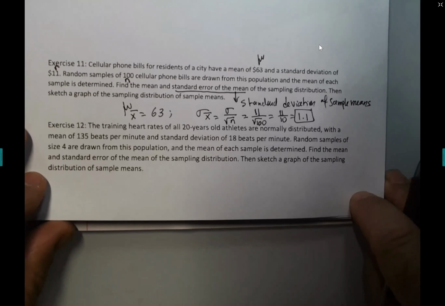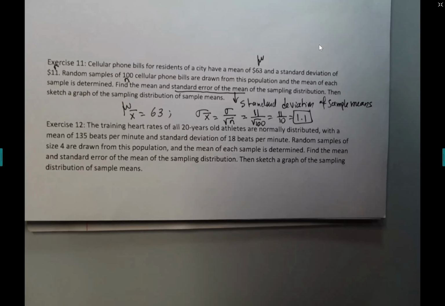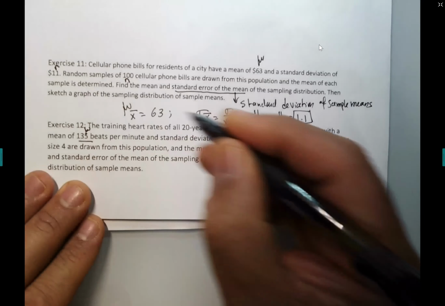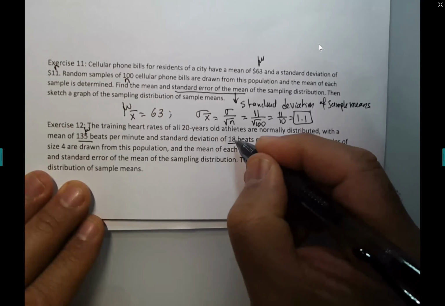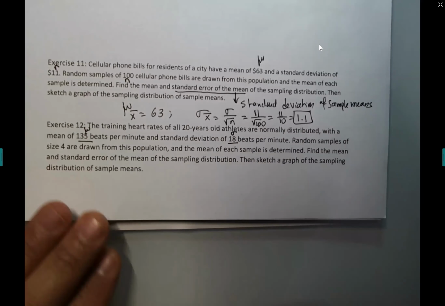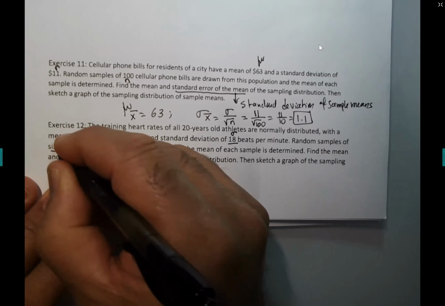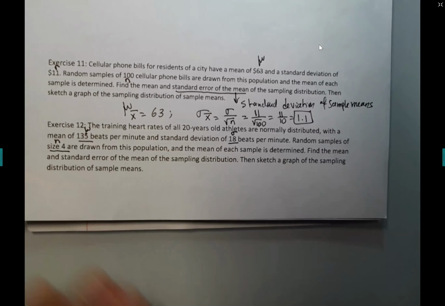It's the same thing. The training heart rates for all 20-year-old athletes are normally distributed with a mean of 135 beats. So the mean is 135, guys, and the standard deviation is 18. Random samples of size 4, so n is 4 now, are drawn from this population, and the mean of each sample is determined.